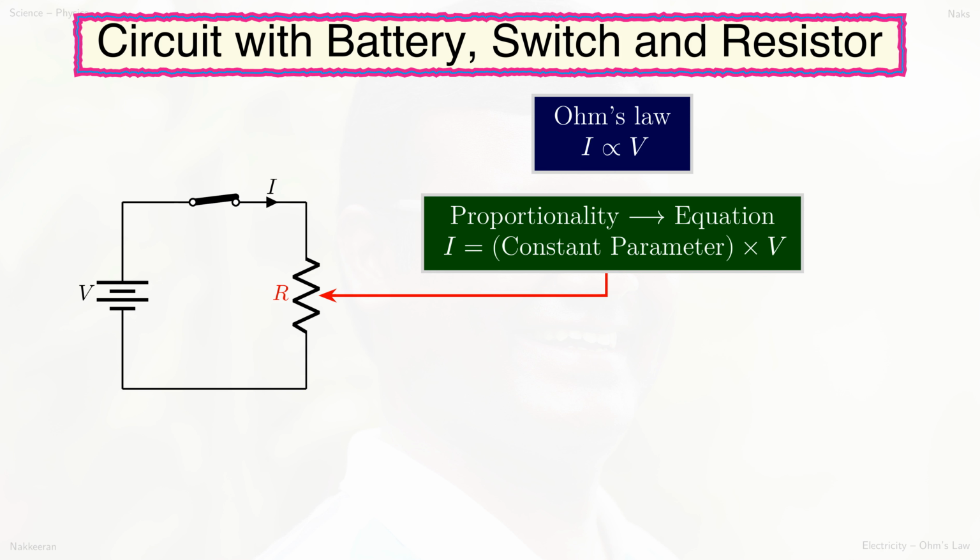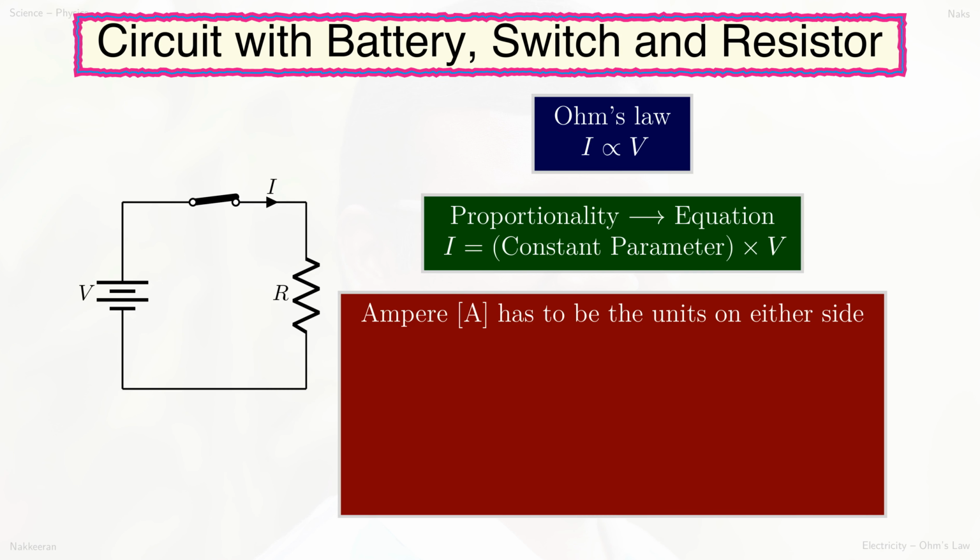Let us derive the constant parameter using the units of the quantities involved in this equation. In any equation, the right hand side and the left hand side must be balanced. Units must also be balanced on both sides of the equation.